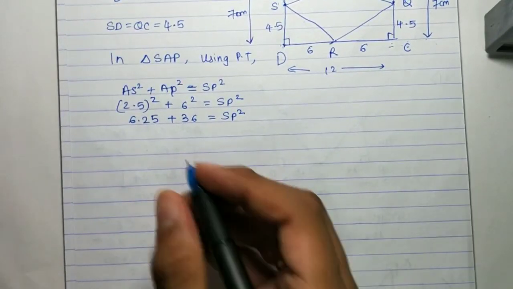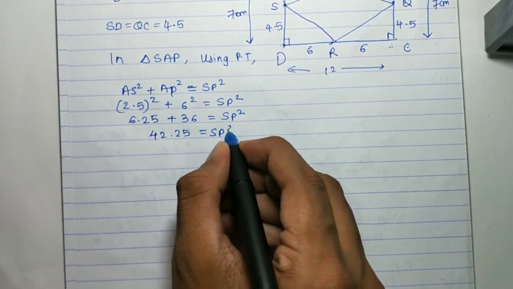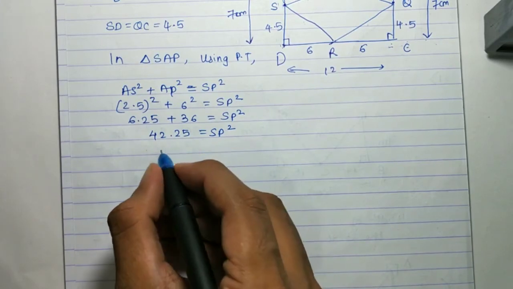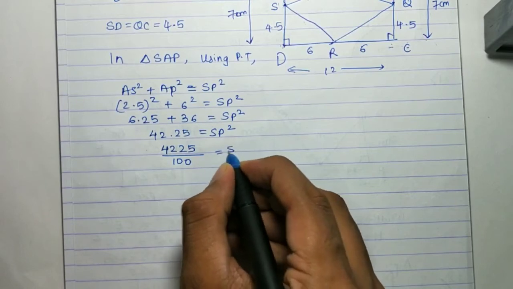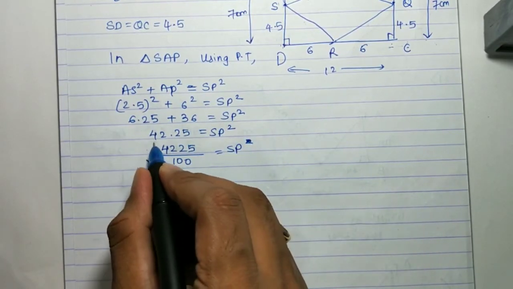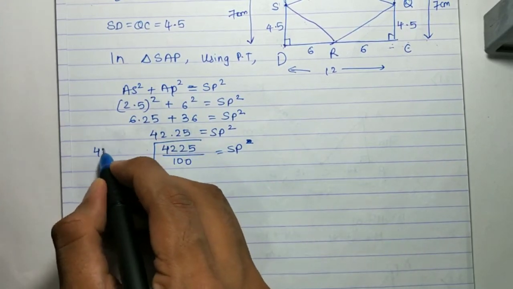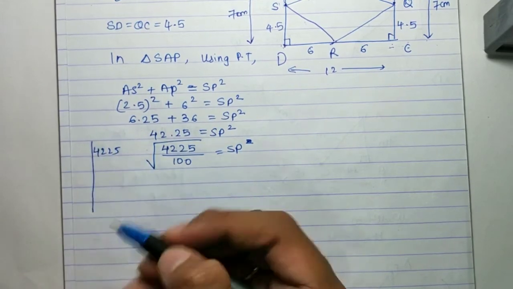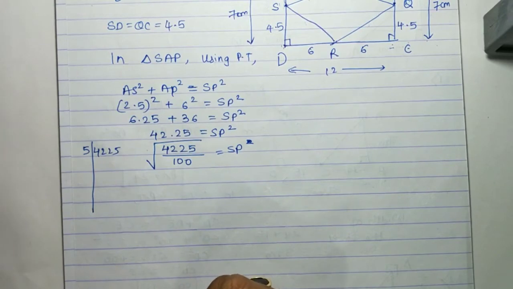Now when you add 6.25 with 36, you will get 42.25 equals SP square. So you can write this 42.25 as 4225 upon 100 is SP square. Now remove the square and take square root. So what is the square root of 4225? You can find using prime factorization by taking 5. When you solve this, you will get the answer as 65.